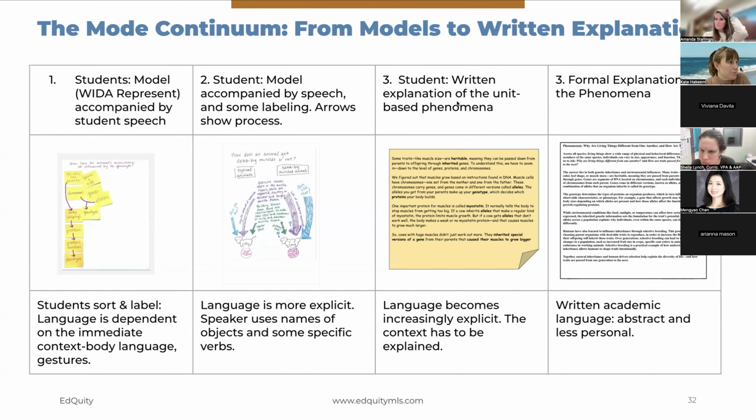And then at the end of the unit, students are expected to be able to write a written explanation. And that's also housed in the context. In this case, they're talking about cows and how some cows are more musculatured than others.